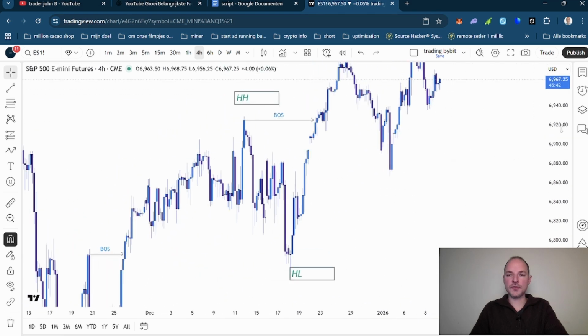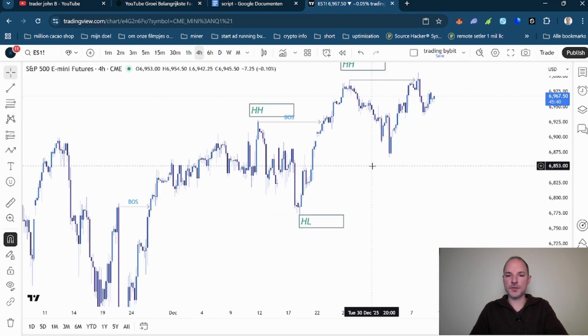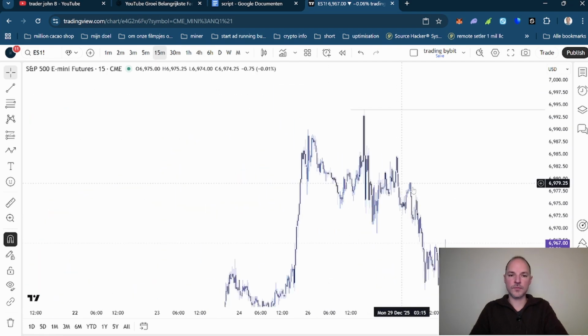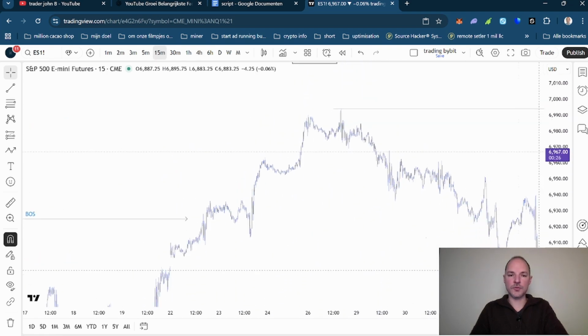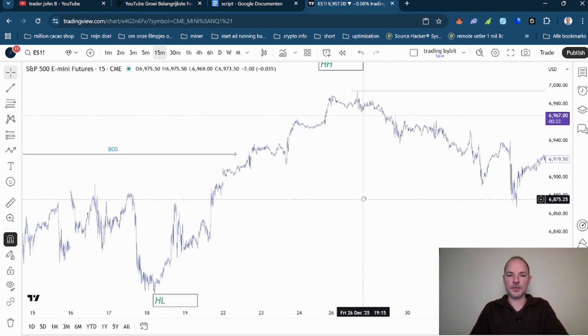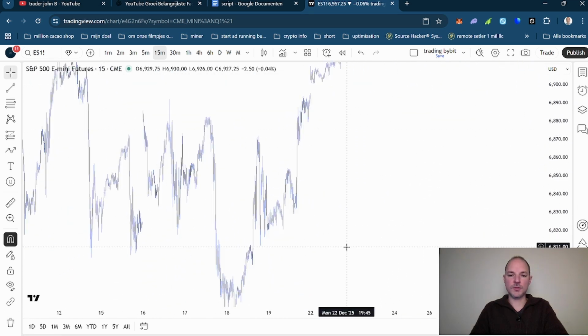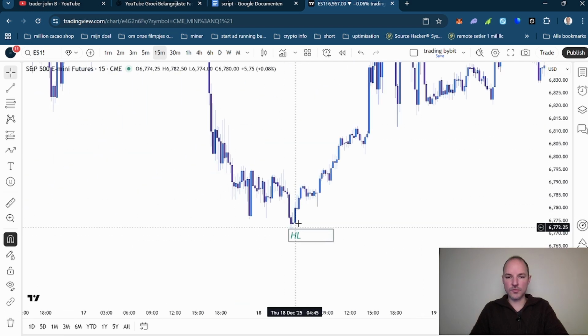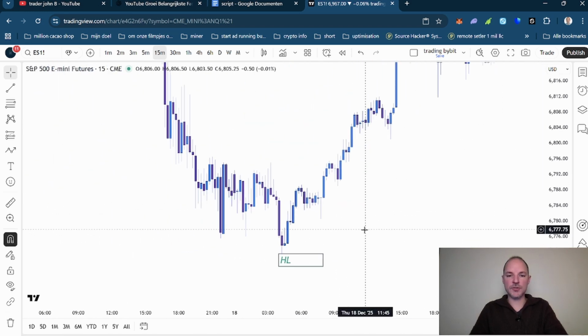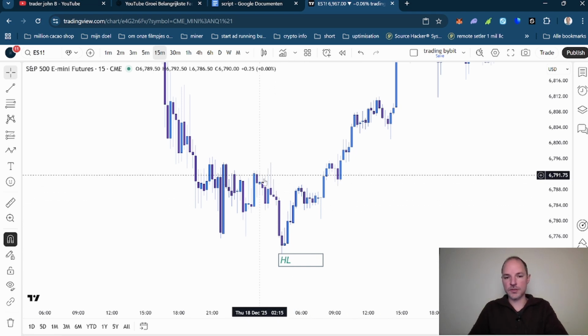Now let's jump into a 15-minute chart, once we know this, to see how to spot what you should be doing. So we know now that the market is first of all going to the upside. Once we created this low, where do we have our first change in character and where do we find our break of structure? This was the last move down.